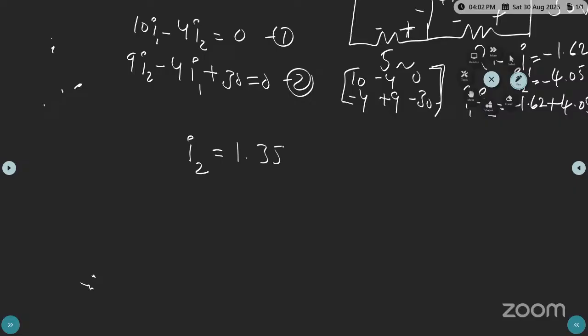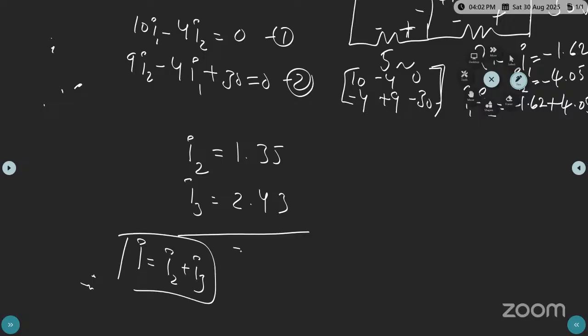In second step, just now we got 2.43. That is I3. Add both. So I is equal to I2 plus I3, that is 3.78. Okay?